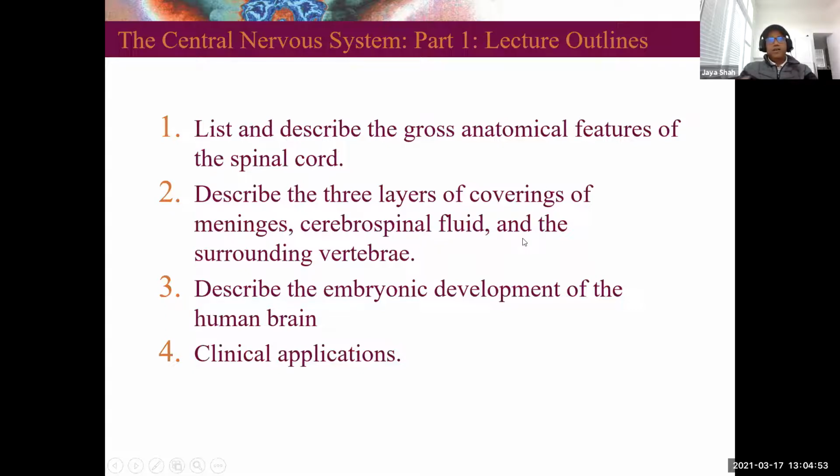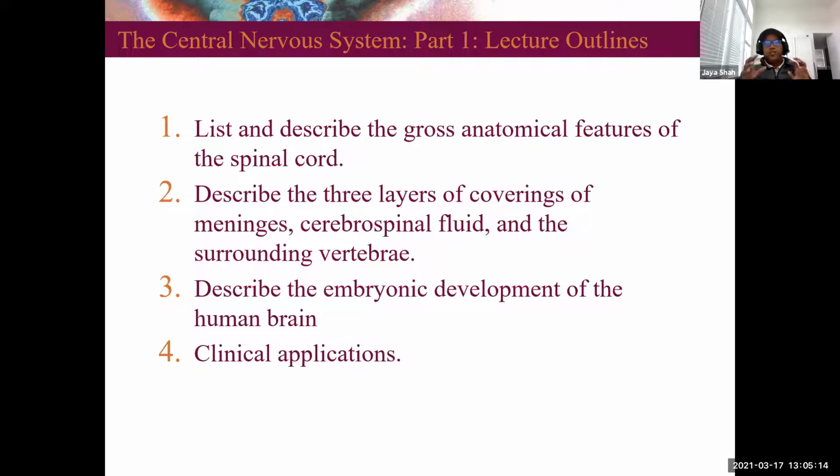So from outside in, you have vertebra, then you have meninges, and under the meninges, you have CSF. And inside the spinal cord and inside the brain, you also have CSF. So the fluid gives buoyancy to the brain and spinal cord.